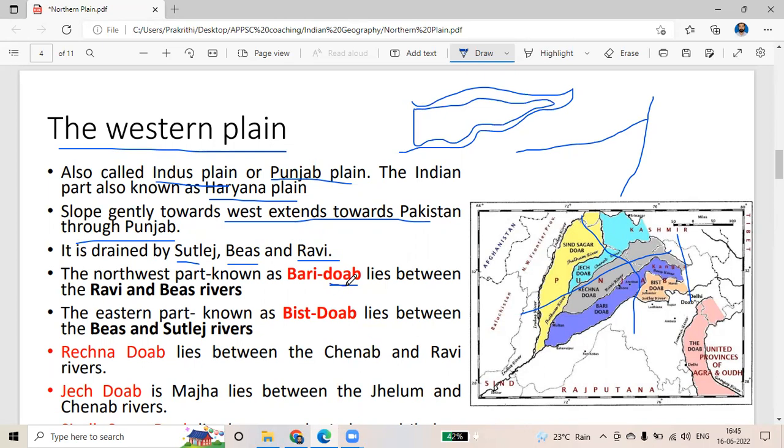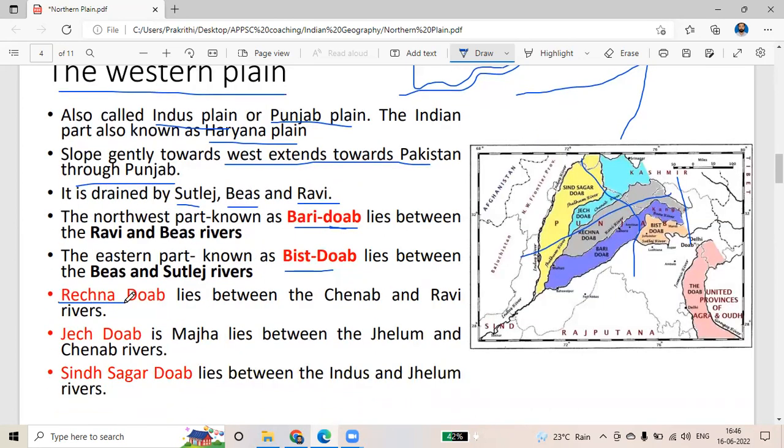So we have mainly 5 doabs in the Western plain region: Bari doab, Bist doab, Rachna doab, Jech doab, and Sindh Sagar doab. Out of these, 2 are important for India, Bari doab and Bist doab. So when you are writing about the Western plain, you can just write these 2 doabs, Bari doab and Bist doab.